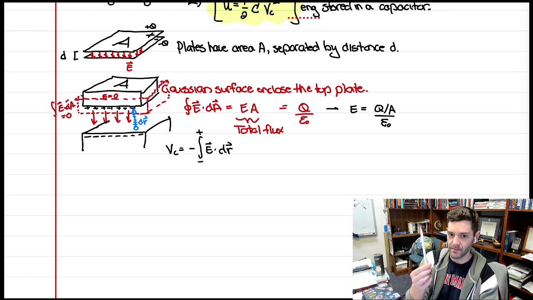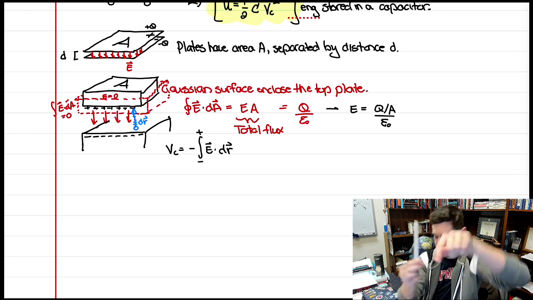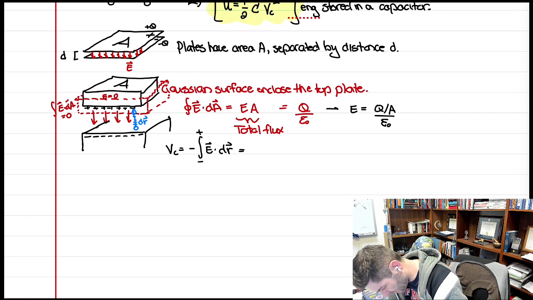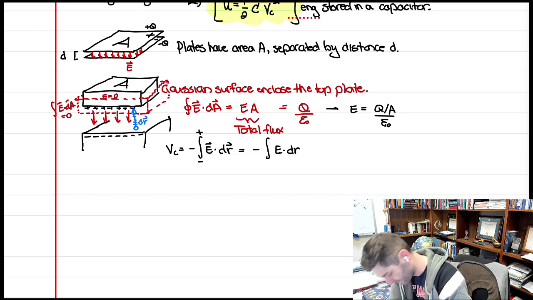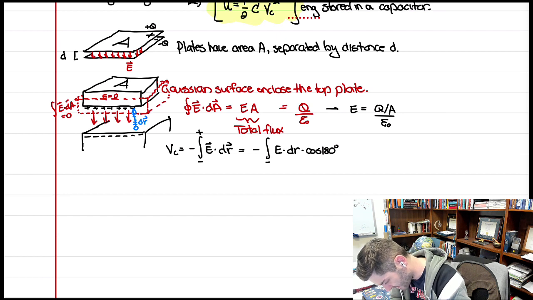Here I'm moving upward, my path is upward, but the electric field is pointing down. Those are anti-parallel. So this is going to be negative the integral of the magnitude of the electric field times dr times the cosine of the angle between them, which is 180 degrees, which is -1, from negative to positive.